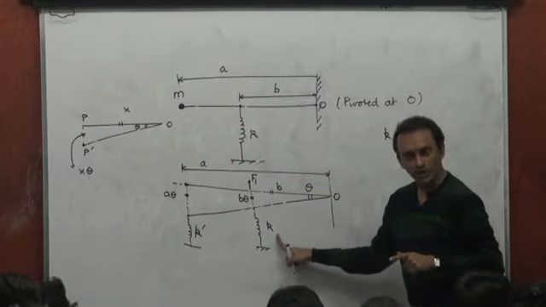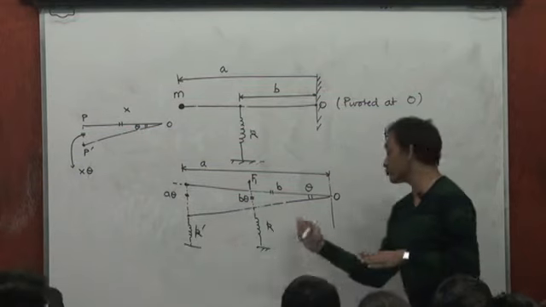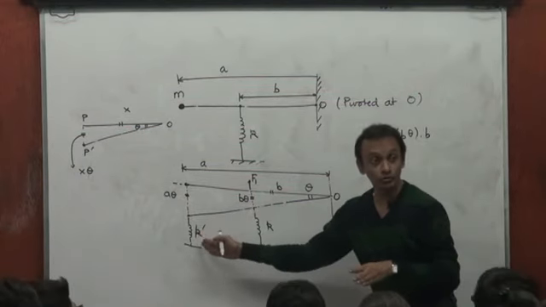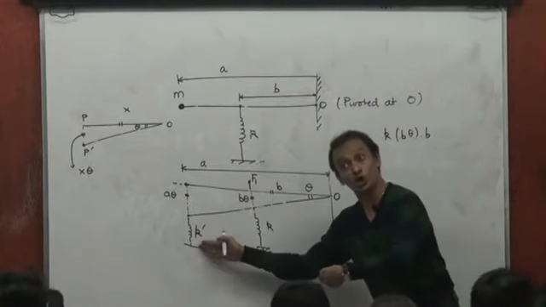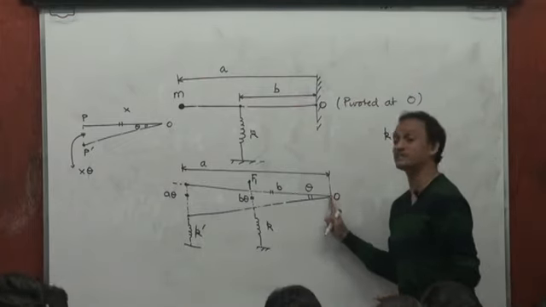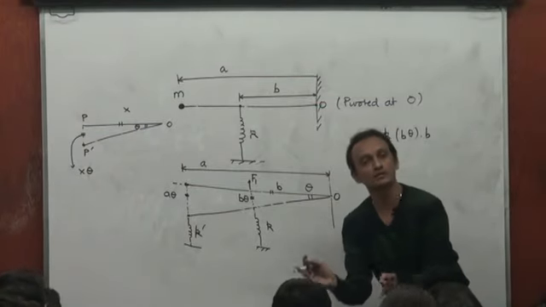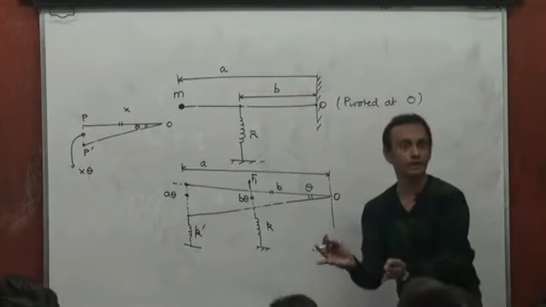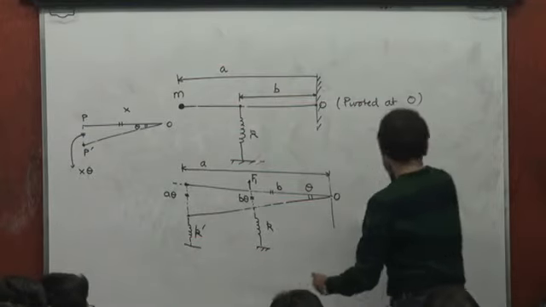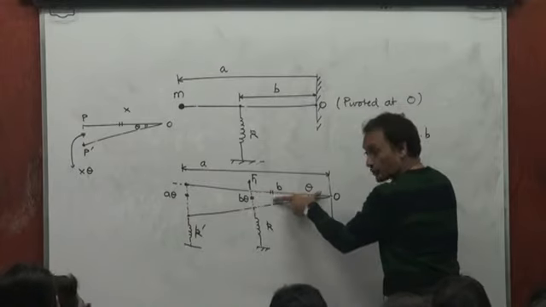Right? That's the torque that this spring produces about O. And if this is an equivalent spring, that means if you shift this spring here and you have an equivalent force constant K prime, the torque of this spring must be the same as the torque of this spring about O. That's when they are looked upon as being equivalent. You know what I'm saying, right? So this is K into b theta into b, torque about O.